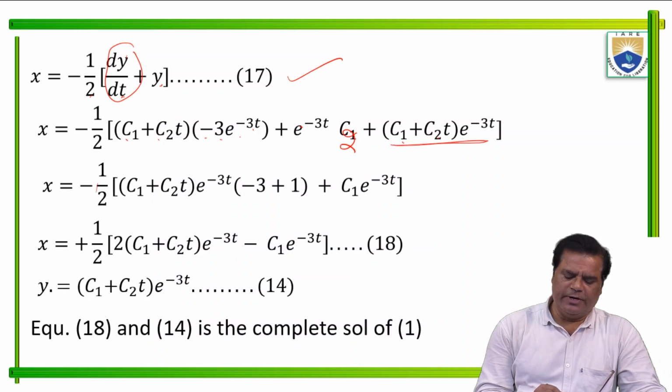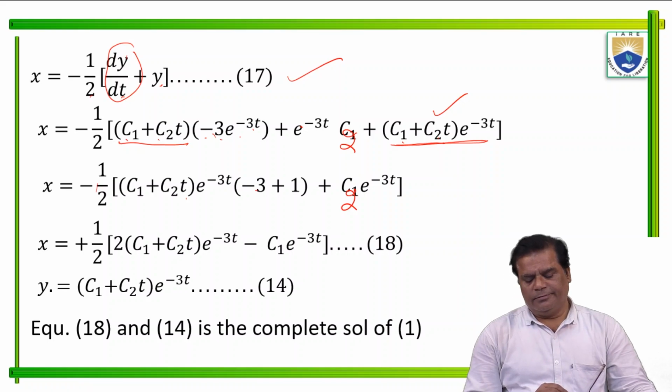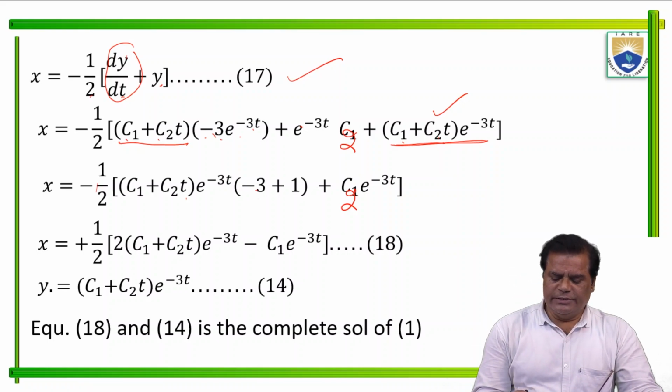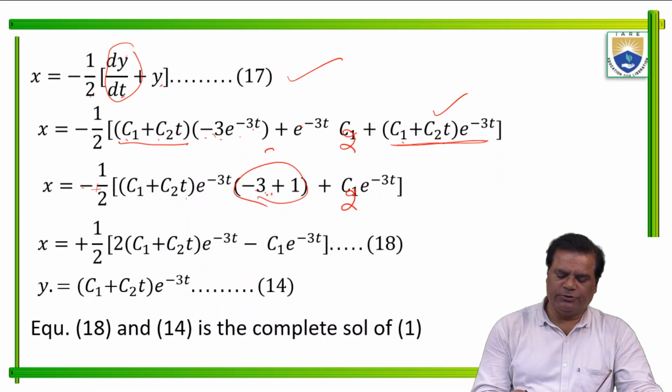Now minus 1/2, taking common (c1 plus c2t) and e to the power minus 3t. So inside we have minus 3 plus 1, and here is c2. So this is minus 2, and multiplying by the minus sign outside, minus minus becomes plus.